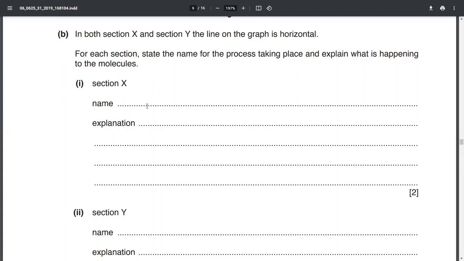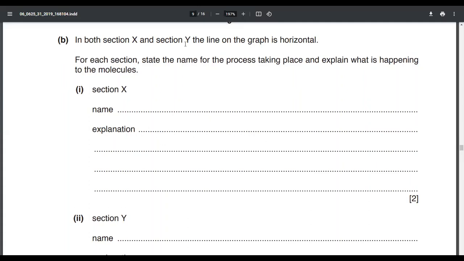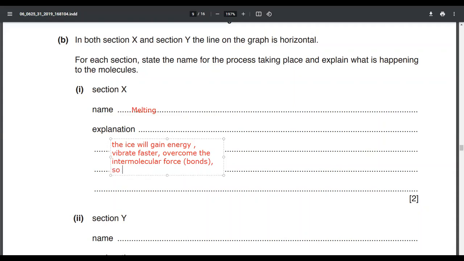The name will be melting, and then the explanation is that the solid, the ice, will gain energy, vibrate faster, overcome the intermolecular forces, or you can say the bonds, so change from solid to liquid.